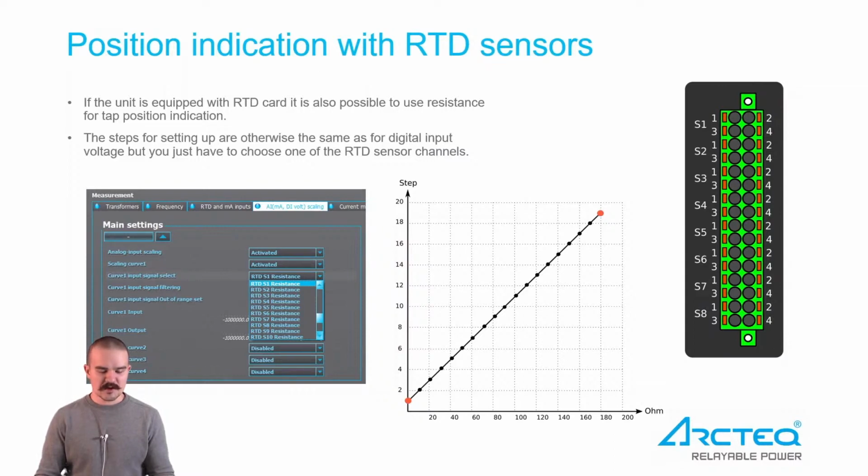Activate analog input scaling, activate a curve, and then choose one of the channels, and then you set up what resistance refers to what step.